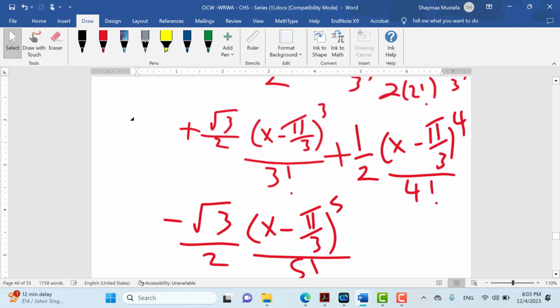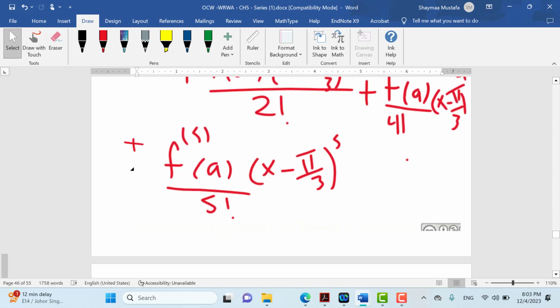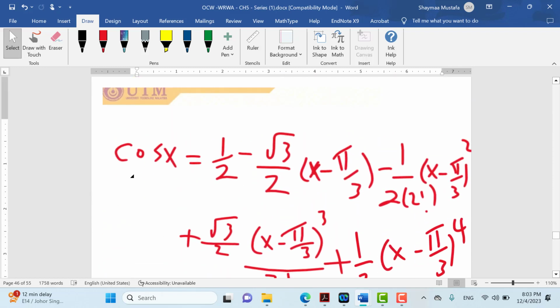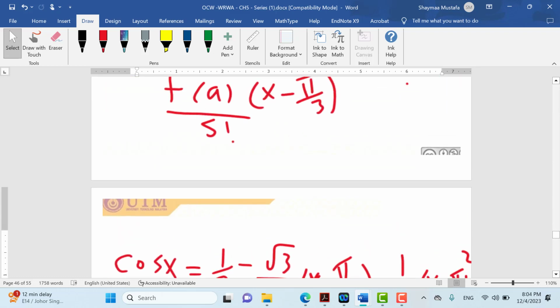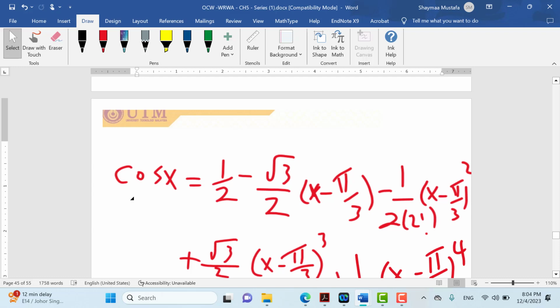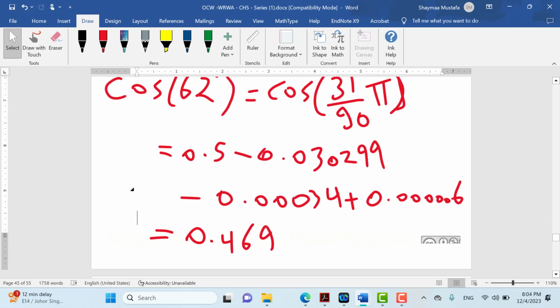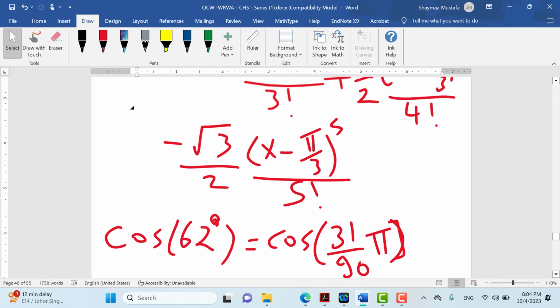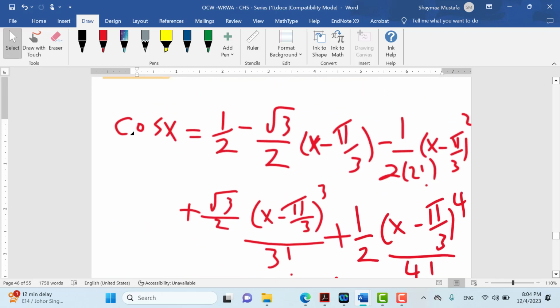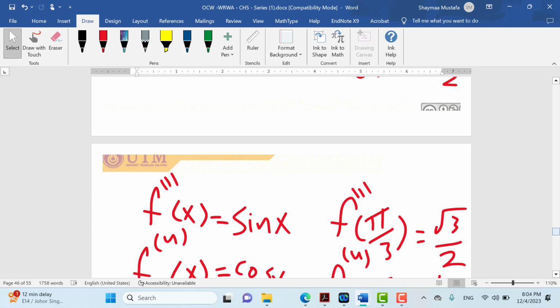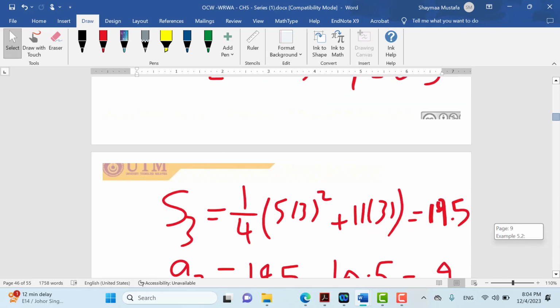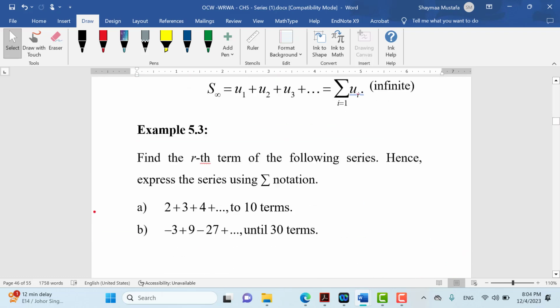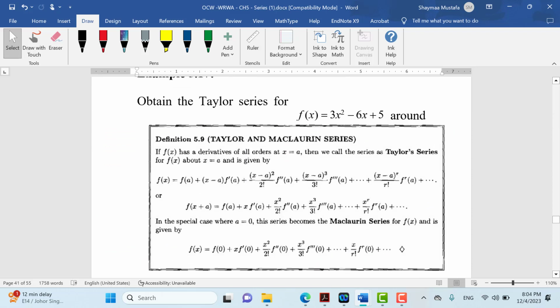If you need to apply the formula f of x, here we apply the formula f of x cos x plus a, then you need to substitute x here. So your x will not be 62, it will be equal to 2. If you apply this one, f of x plus a, then instead of x minus pi over 3, you have x.